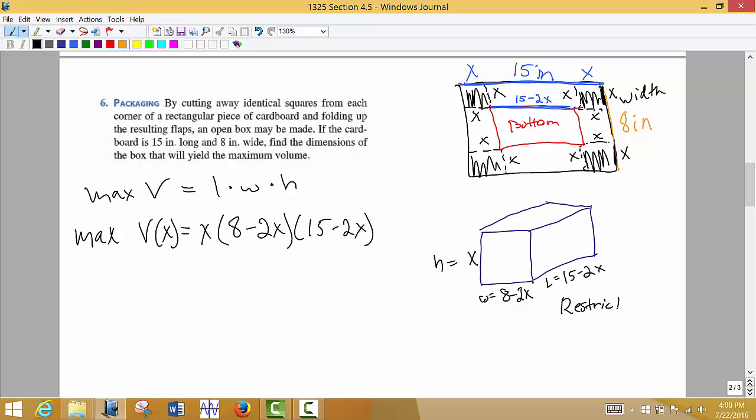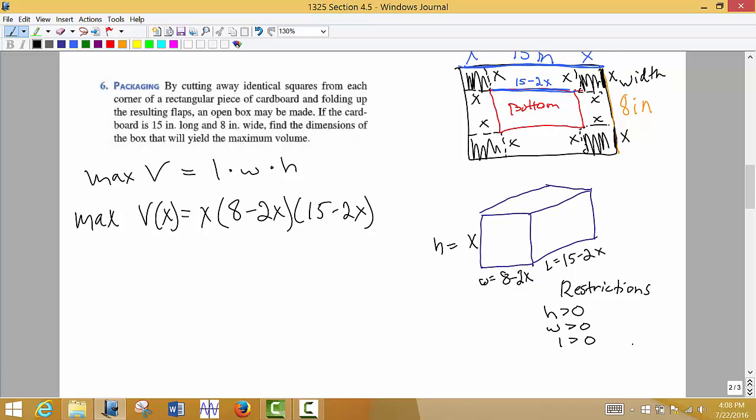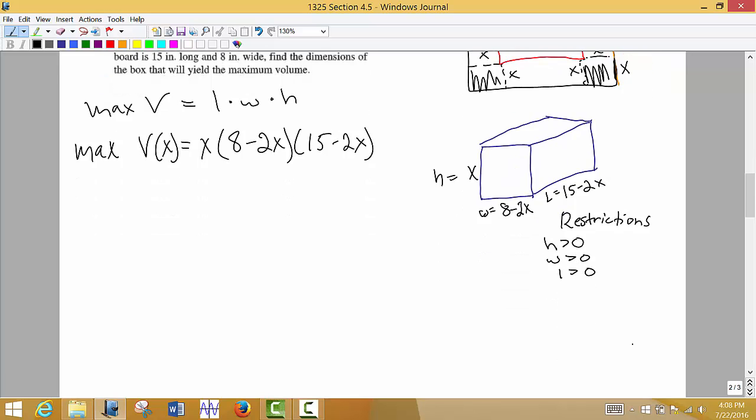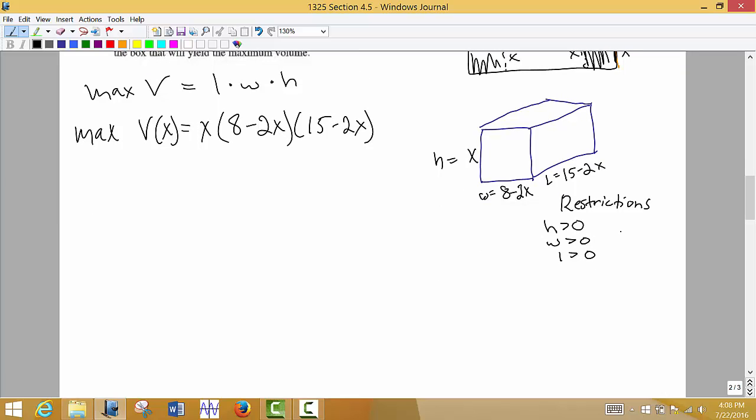So let's look at what the restrictions are on our function. Well, the logical restrictions are that all of the dimensions of this box have to be larger than 0. So I need the height, the length, and the width to be larger than 0. So what does that imply?